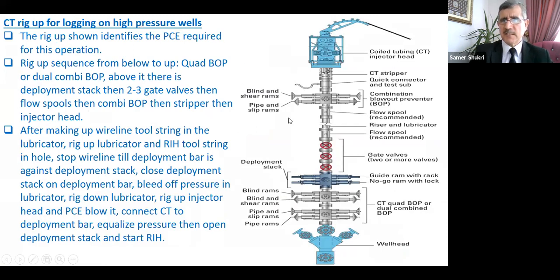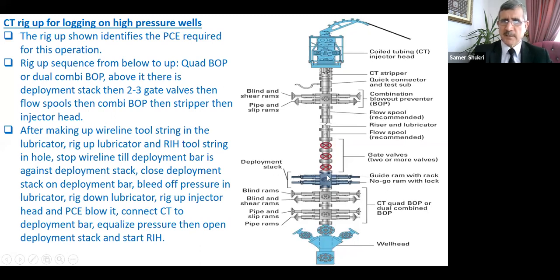You see, this is the rig up. It is not easy, not simple. It needs precautions. We have the injector head, gooseneck, the stripper. We have blind and shear rams. This one is a combi BOP, and the lower section is pipe and slip. Here also we have a riser to include the tool string. We have a deployment stack also.